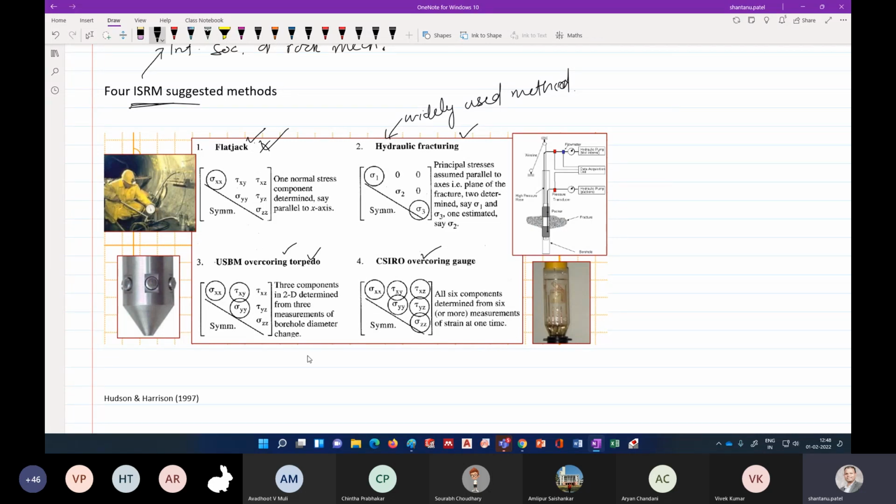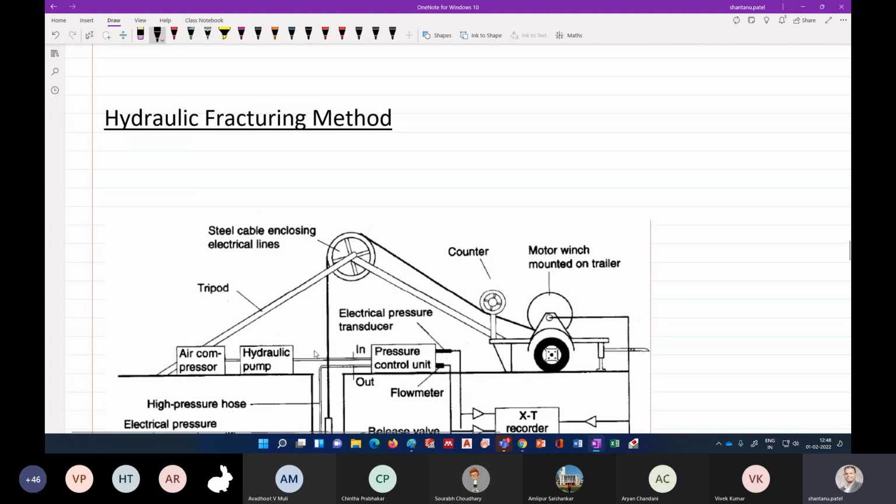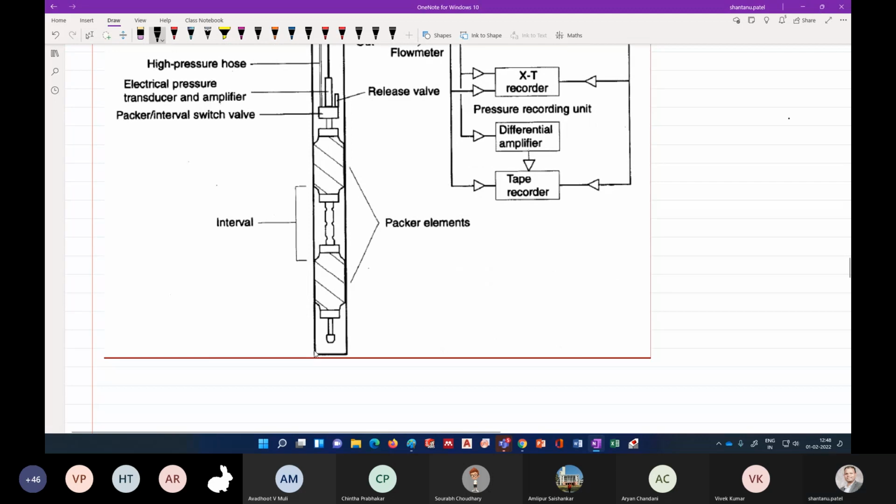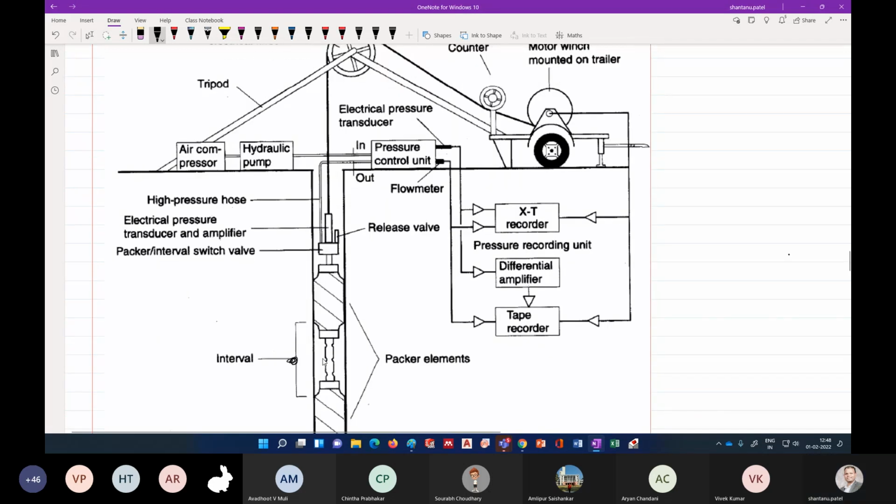Okay, so for the hydraulic fracturing test, let's say this is the location, the depth of your project. This is your Z, or depth of your project. This is where you want to find your in situ stress.